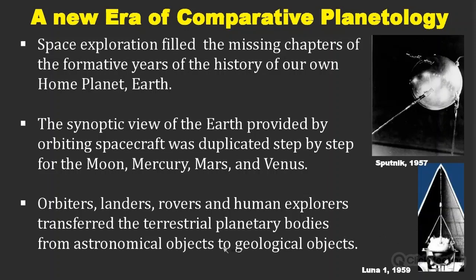We can say that this was a transition from understanding planetary bodies as astronomical objects to geological objects, because we started getting maps of the surface which could give us much more detailed information than just having observations in the form of a spot in the sky.